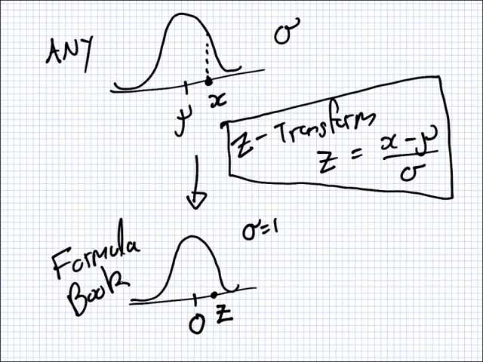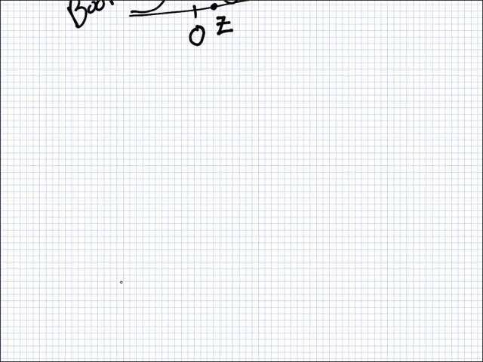Can I scroll down to an example? Okay, here's an example. You've probably all heard of the IQ score. What's interesting, like with most things, is that IQ has a normal distribution.